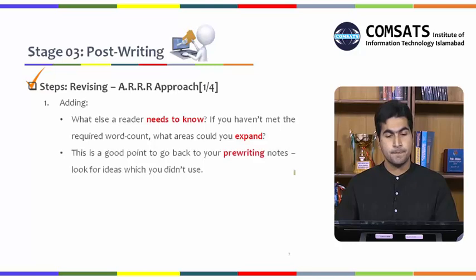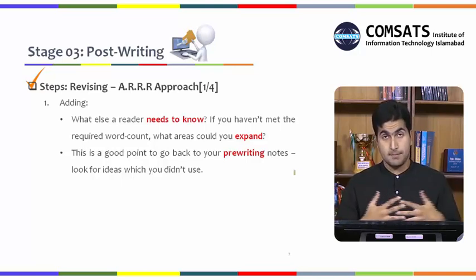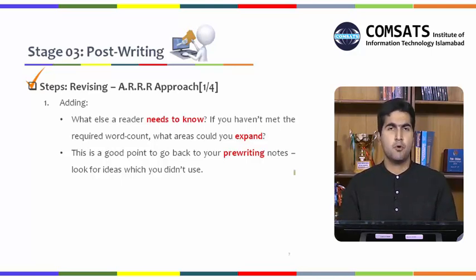be added. So that's why, as I said, being a cyclical process and being overlapping in its nature, there's a point at which you can revert back and go to the first stage that we have talked about, the pre-writing.